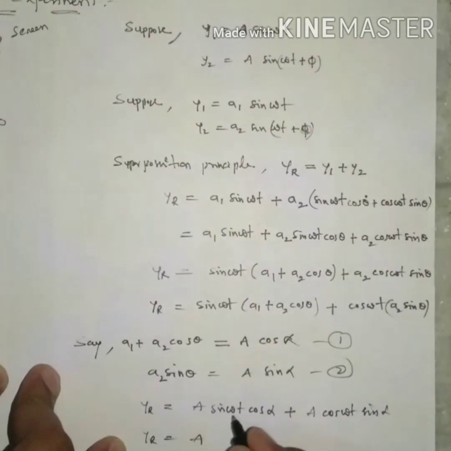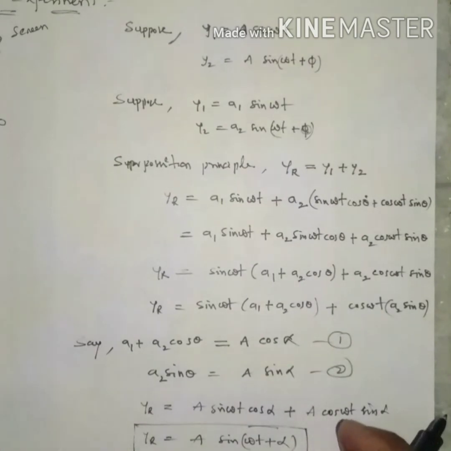A is common, and sin A cos B + cos A sin B gives sin(A + B). So this is the resultant wave equation, when the light from S1 and S2 reaches point P: y_r = A sin(ωt + α). This A is nothing but the resultant amplitude.